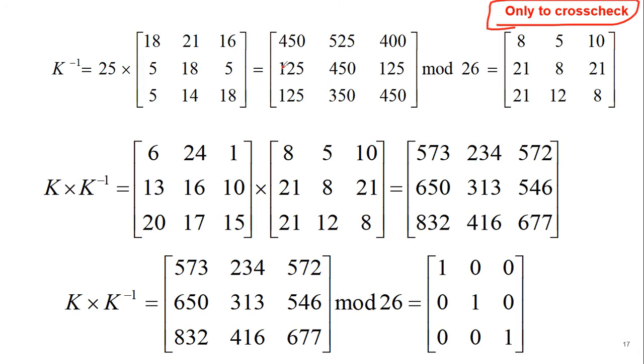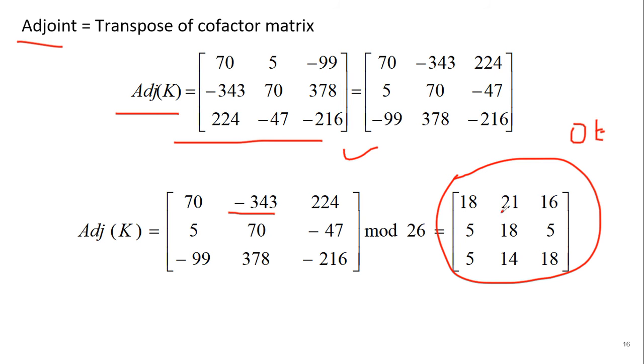Only I have to say that encryption and decryption are possible only when the matrix K, that is our secret key, has an inverse. Then only encryption and decryption are possible. Now finally K inverse is nothing but the determinant inverse into adjoint. By extended Euclidean we are getting the determinant inverse as 25, and this is our transpose of the cofactor matrix, which is kept between 0 to 25.